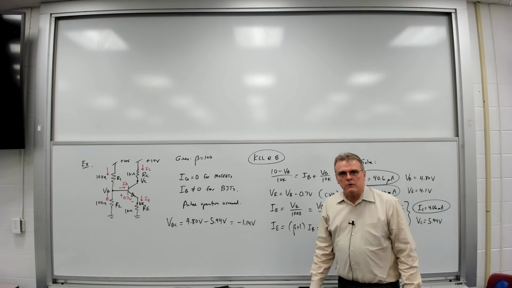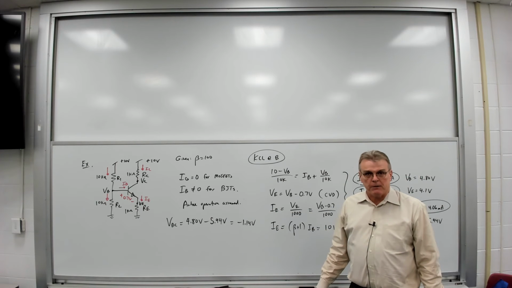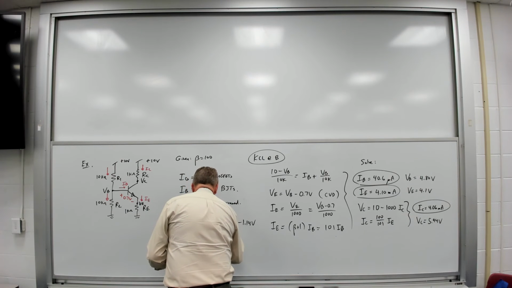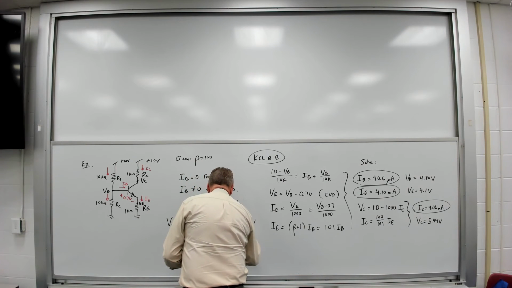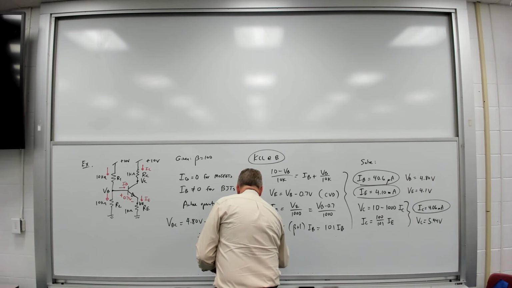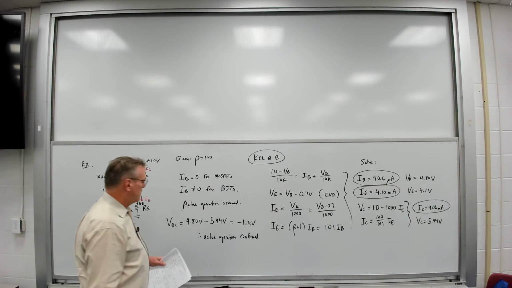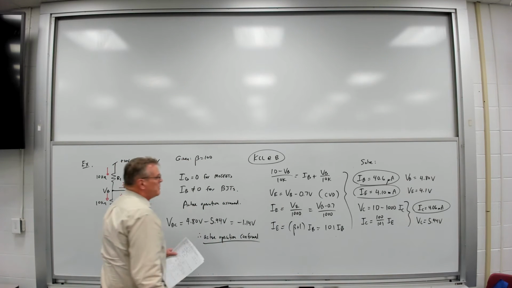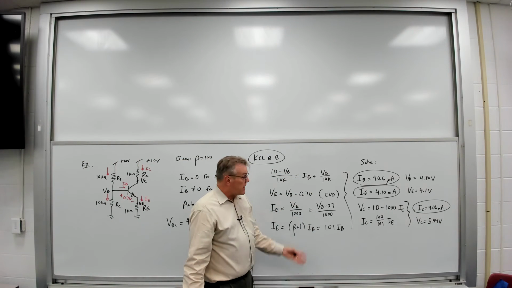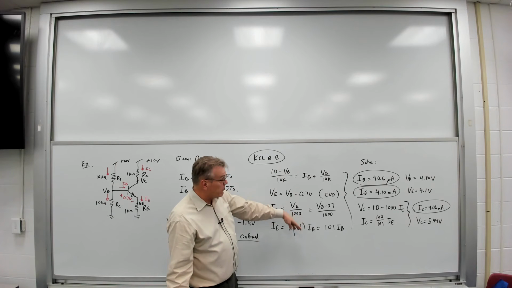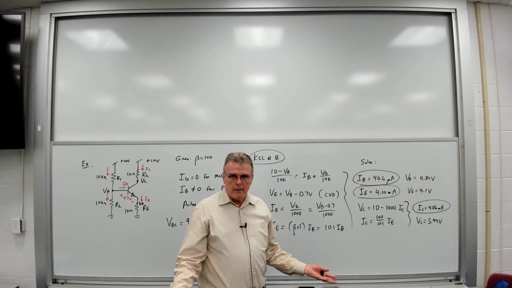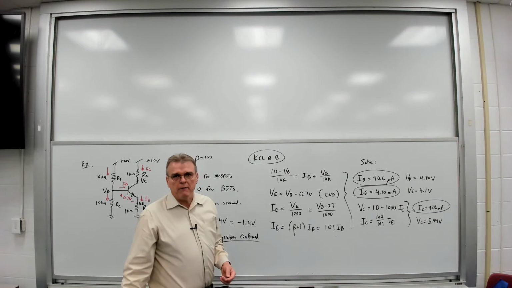The base collector junction is obviously reverse biased because of that negative voltage, and therefore active operation is confirmed. So this is one way of working this. I basically took all these equations, and I can crank through the algebra, or I can just plug this group of equations into a piece of software like Mathematica and calculate them that way. Let the computer do all the heavy hauling.